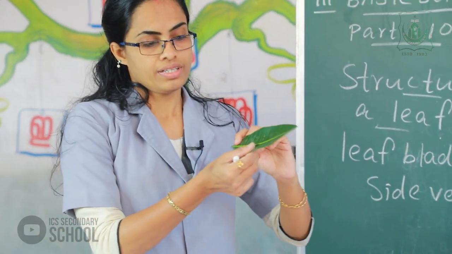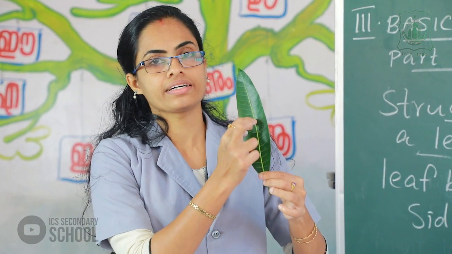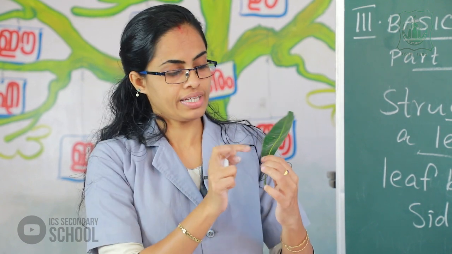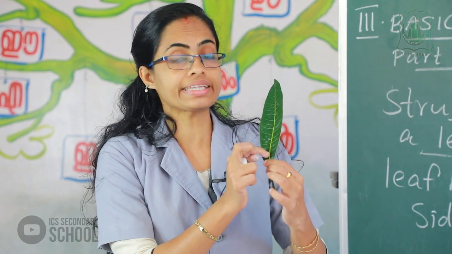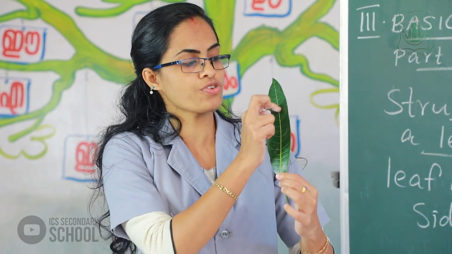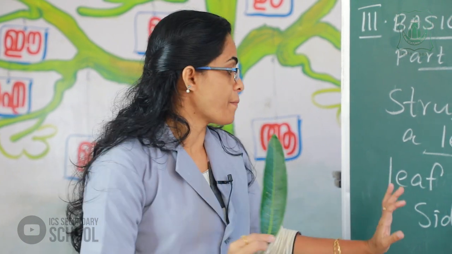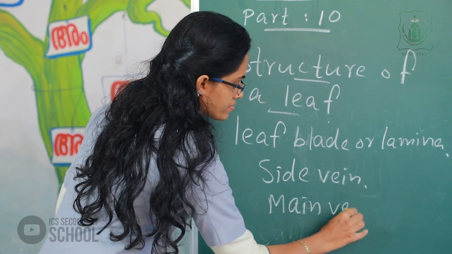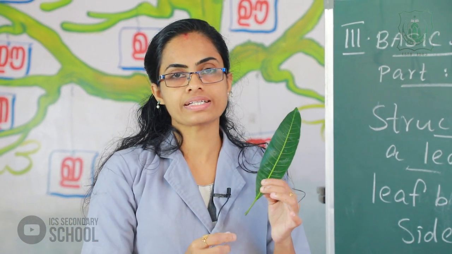And please look at this. A thick tube at the center of the leaf is called the main vein. Please listen here.